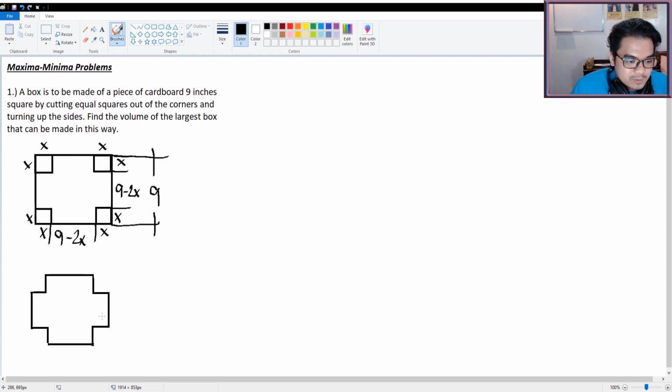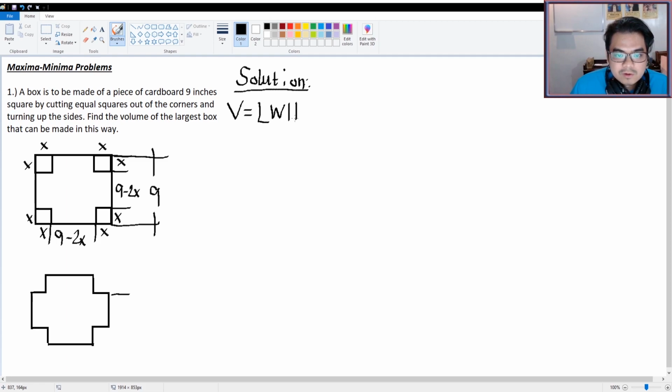If you make this a box, remember, you have to maximize the volume, to get the largest box possible made in this way. For the solution, we all know the volume of the box will be length times width times height.